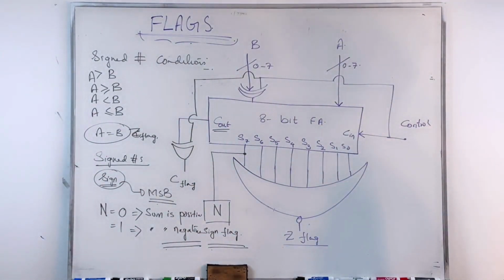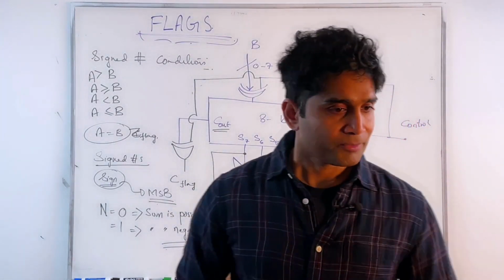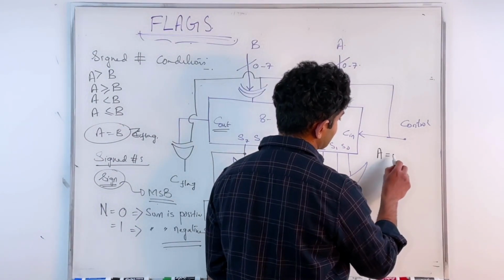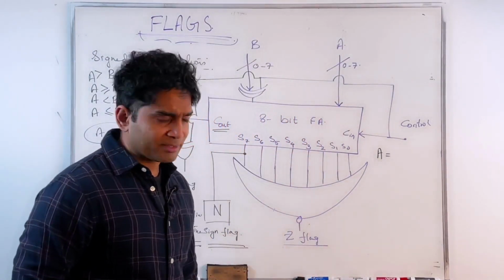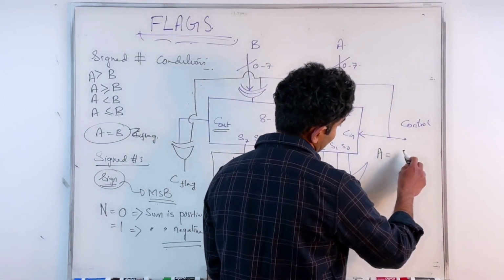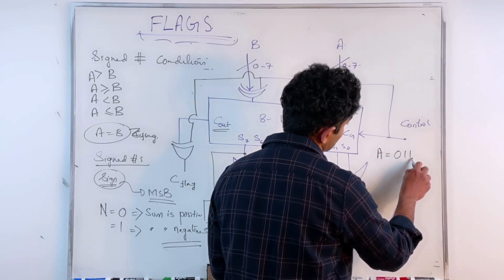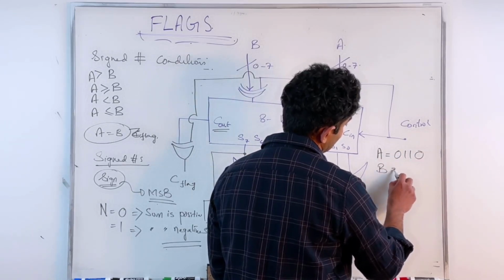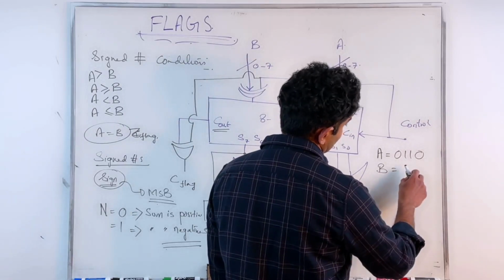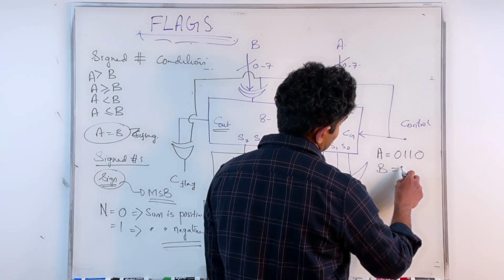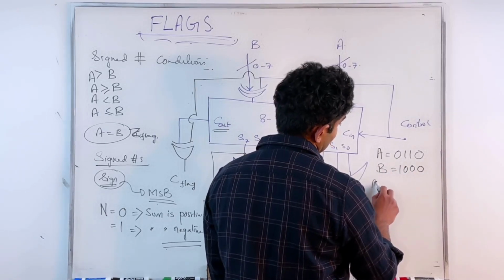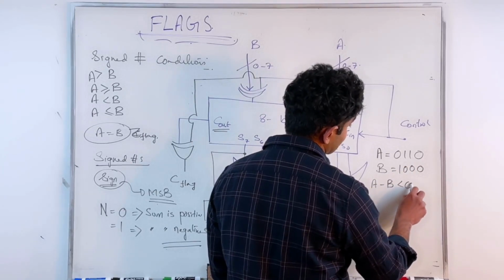Now let's see if that N flag is good enough for us. Let's deal with 4-bit numbers to make it simple. You can always extend it to 8-bit numbers. Let's say my A is 6 and B is 8. A minus B should be less than 0 in this case.